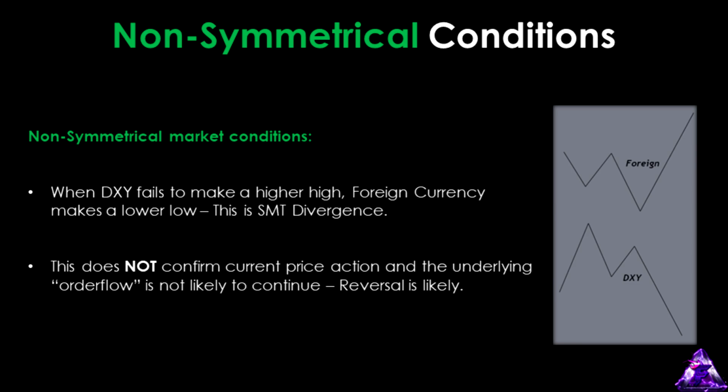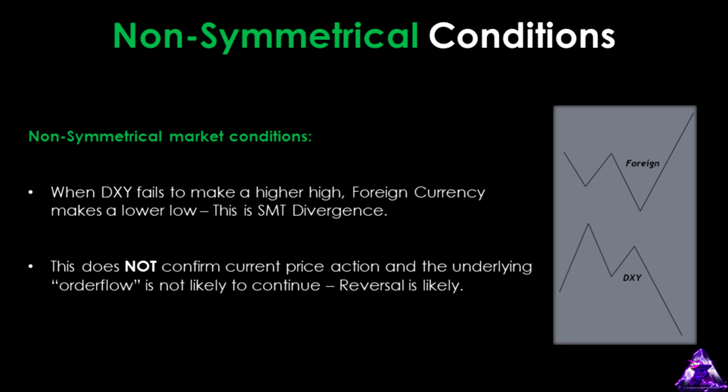Another scenario for non-symmetrical market conditions would be as follows. When the DXY fails to make a higher high, but a foreign currency makes a lower low. This again suggests an SMT divergence, as there is a clear discrepancy in the symmetry of the price action between the two correlated assets, markets, or instruments.